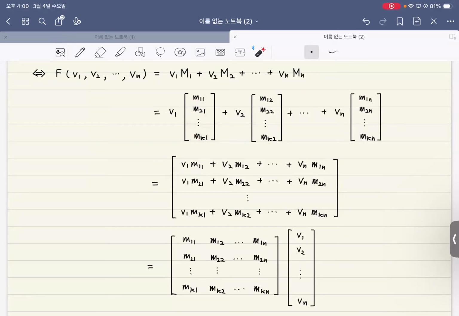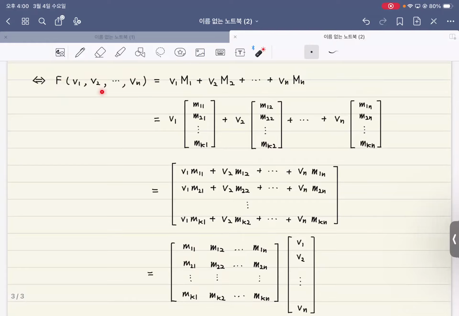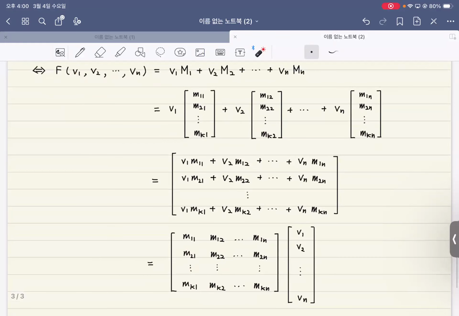If you plug in each of these vectors as the column vectors of this matrix, listing them in this order, this guy goes here, and this guy goes there, then you're going to get this k by n matrix. Once you have this k by n matrix, then computation of the function value at this point just reduces to the problem of matrix multiplication, right?